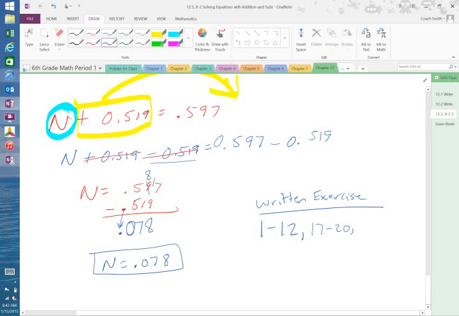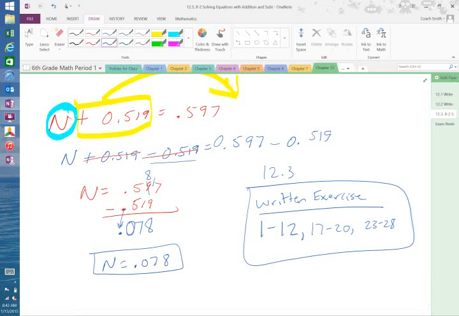And then we're going to do 23 through 28. All right. And remember, we're sort of calling this 12.3. That's what it's out of the book, but obviously these are not coming out of your textbook. These are coming off your copy sheets that I gave you on Monday. Okay.